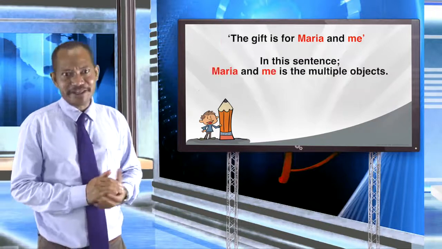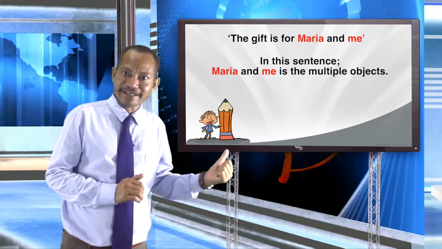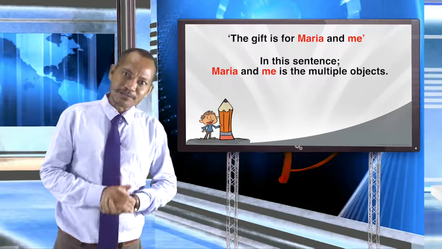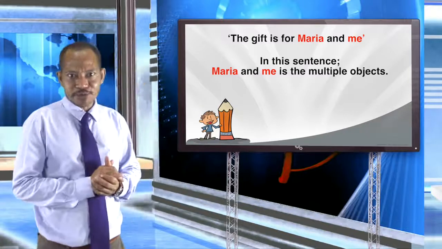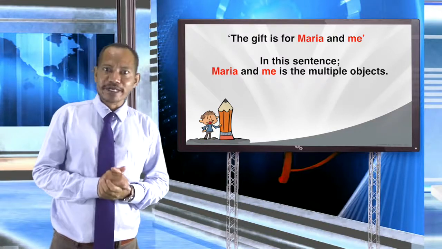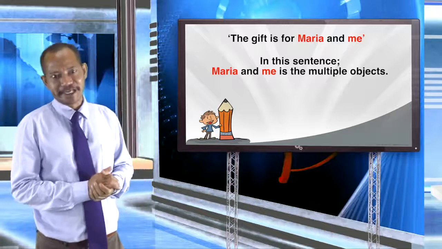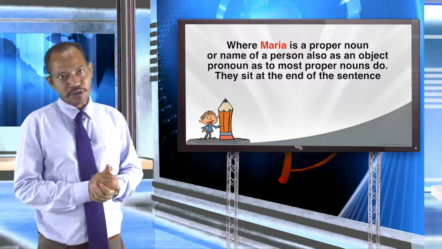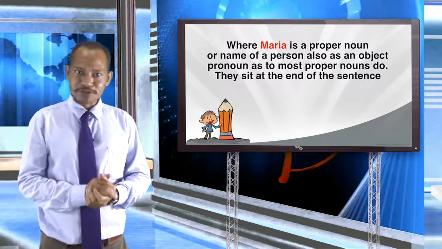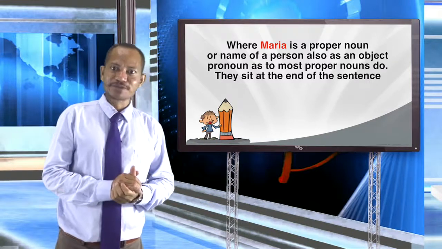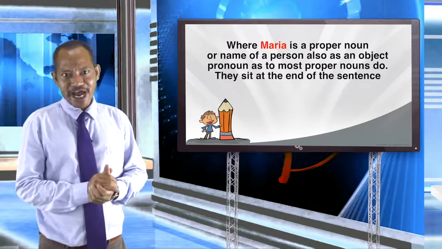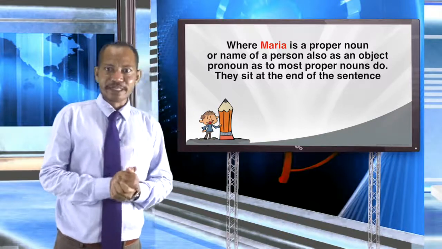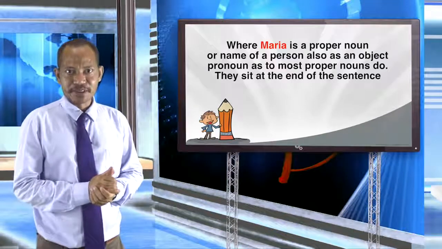However, when we say the gift is for Maria and me, you can see that there is more than one object pronoun, or multiple objects, which in this case are Maria and me. And Maria, a proper noun or name of a person, is also kept as an object, as most proper nouns are, most particularly when they sit at the end of the sentence.